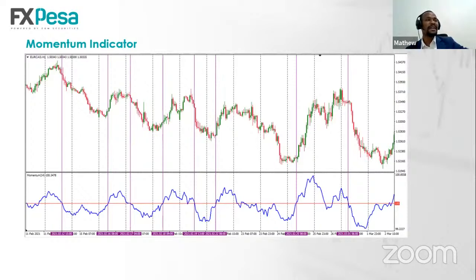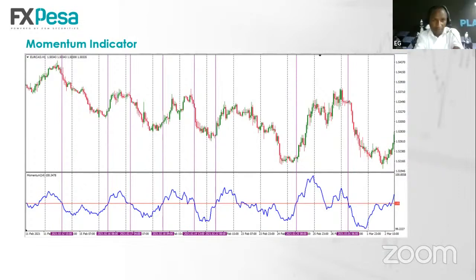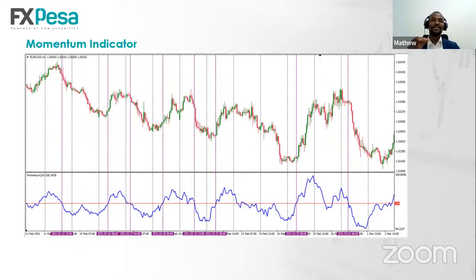Looking at the way the market is making troughs, swing highs and swing lows, but of most interest is the point where there are lines which you've added there. Those are points where you have the price trending upwards, the candles crossing upwards, and looking at the momentum, at the same time it was crossing above that 100 level.